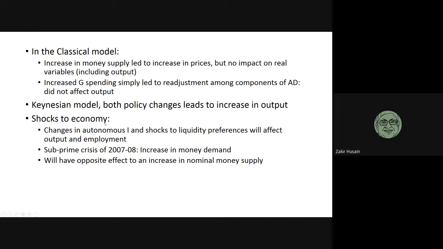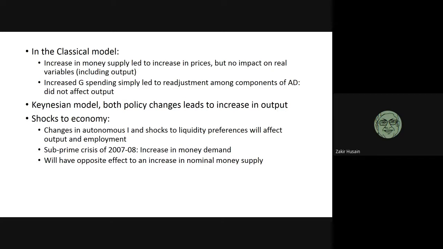We can also think of shocks to the economy. What happens when there's a change in the autonomous investment? What happens if there's a shock to the liquidity preference? This means that the demand for money goes up.